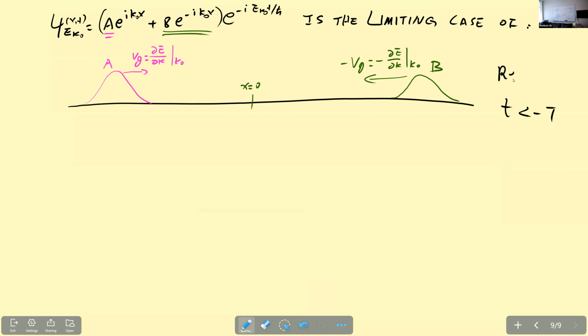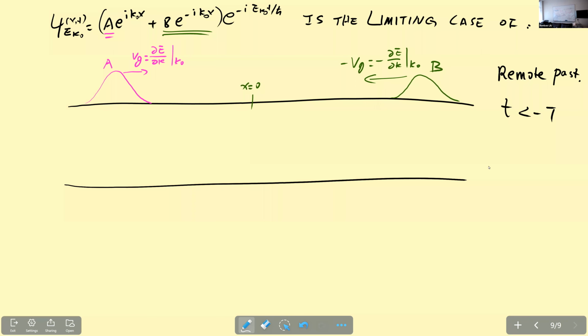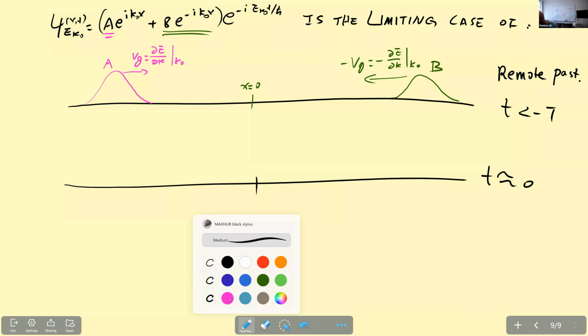That means very early in the history. So you have two wave packets propagating from left and from right to the center. And then, of course, as t approaches 0, these two wave packets will meet each other.